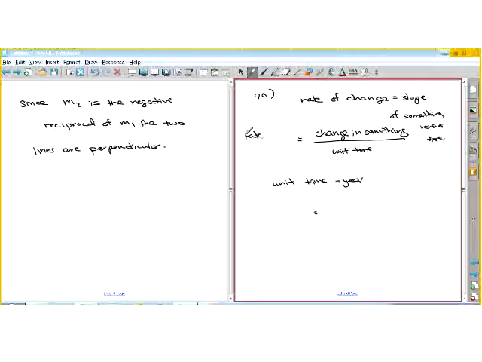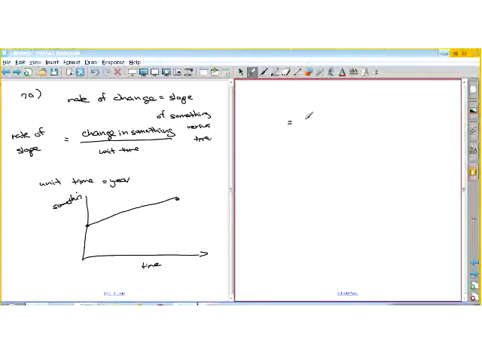So all you have to do to find this rate of change is basically find the slope of the line. If you plot time on this axis and something over on this axis, and you can get 2 points like that, the slope of the line connecting these two is going to be the rate of change.